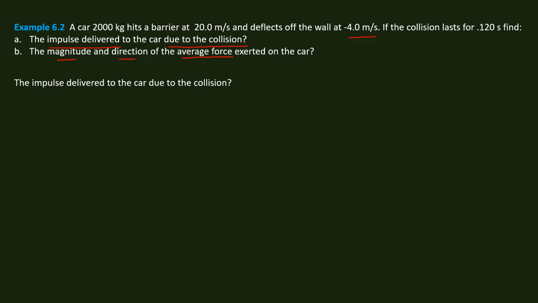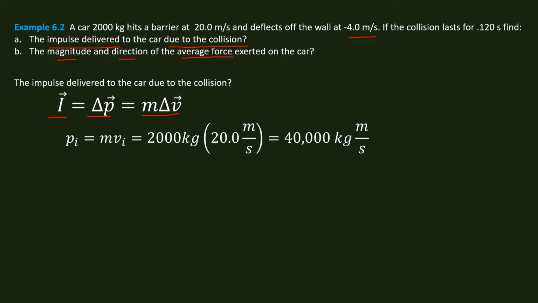The impulse delivered to the car is going to be equal, using our impulse equation, but we're not going to use a force and a time here, because this is equal to that and that is equal to that. We can work with those equations. So the first thing we need to do is find the initial conditions.